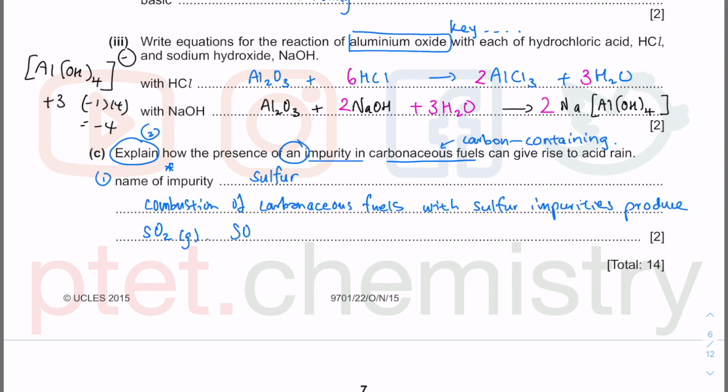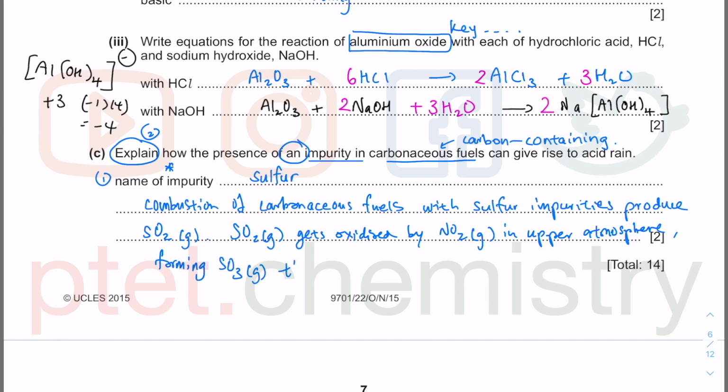So the SO2 gas gets oxidized by NO2 gas in the upper atmosphere, forming SO3 gas that can then form acid rain. So they are not asking for equations here, but if I write equations instead of writing a lot of words, that should have been acceptable as well.